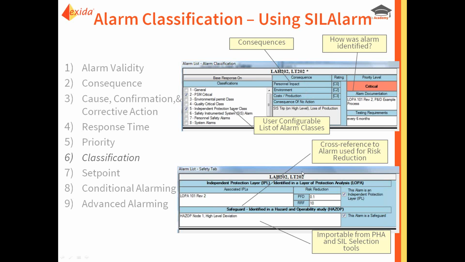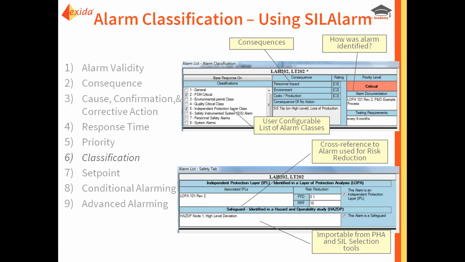For safety alarms in particular, we also would take that a step further and define whether the alarm is being used as a safeguard, and if so, what PHA or HAZOP report or reports call out for the need for the alarm, and whether it's being used as an independent protection layer, essentially a LOPA listed alarm, and what LOPA reports or analysis actually mention that alarm.